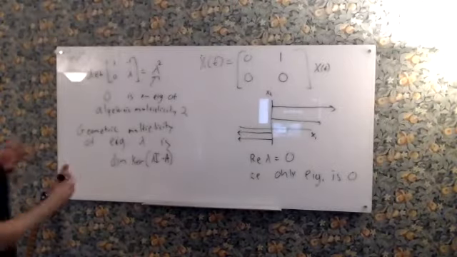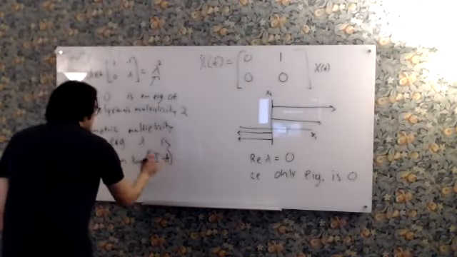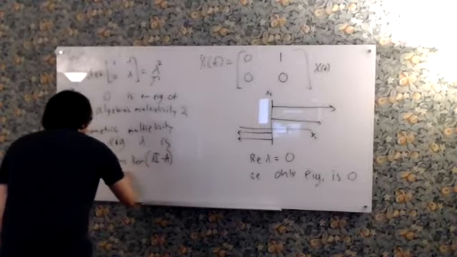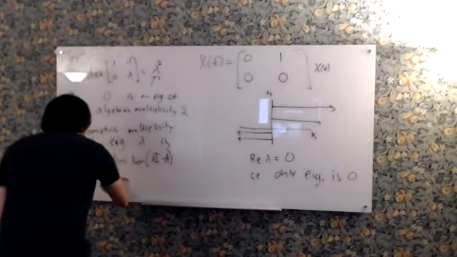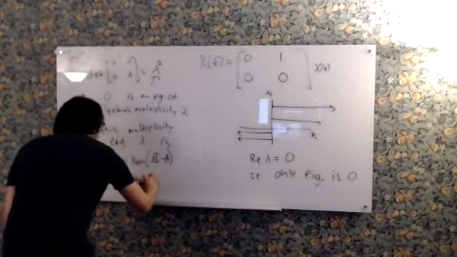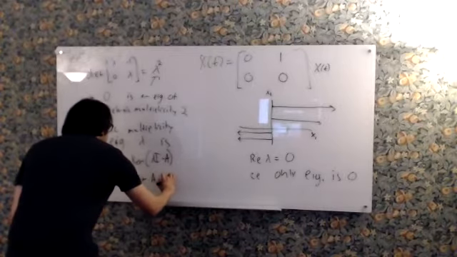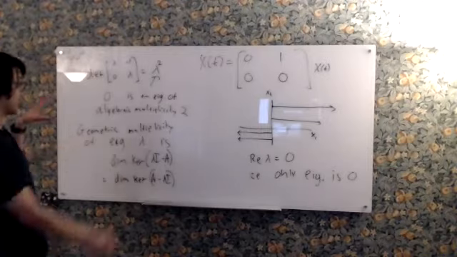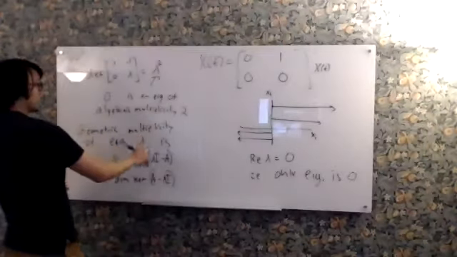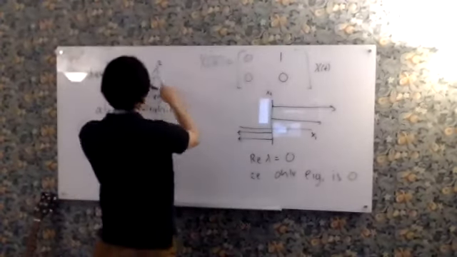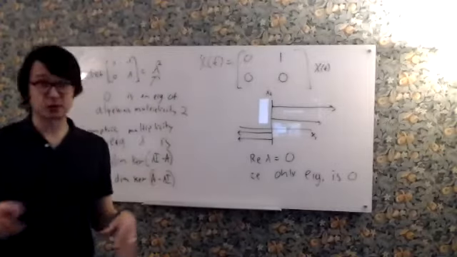And so in this case, of course, I can flip the sign of this thing just to make the math look a little cleaner: A minus lambda I. So let's see why the geometric multiplicity of this eigenvalue 0 differs from its algebraic multiplicity.